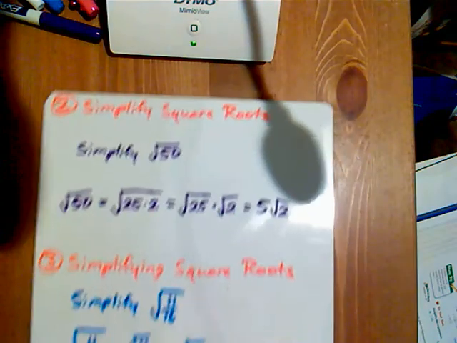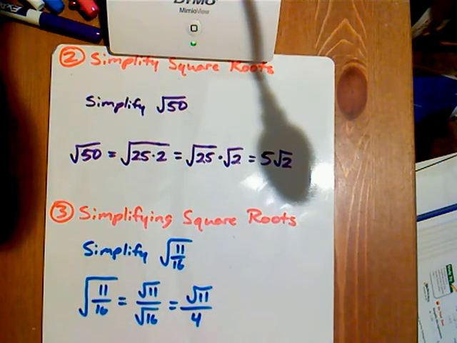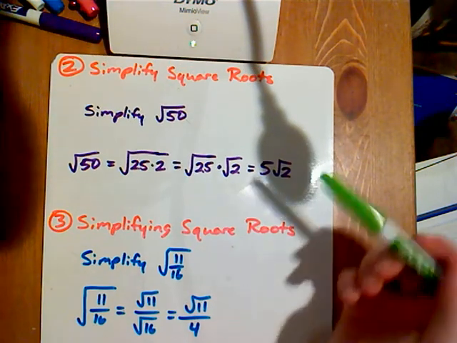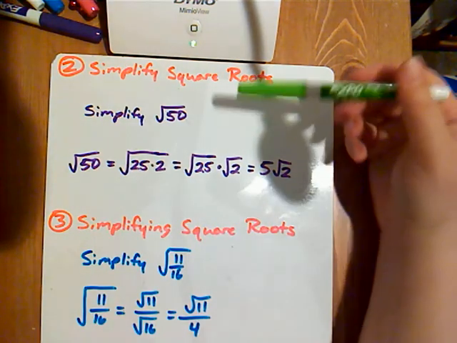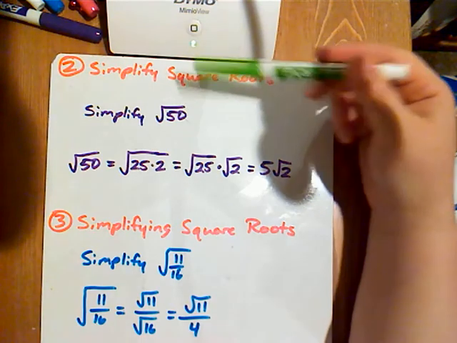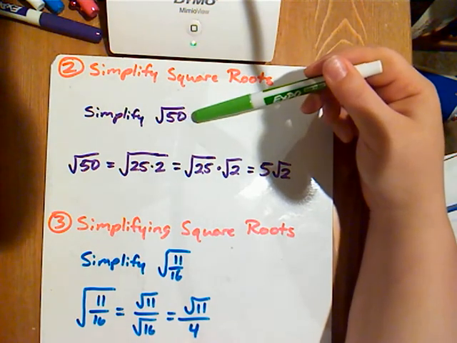Our next two examples are going to use the product property and the quotient property of square roots, because we're multiplying and dividing. With example 2, they want us to simplify the square root of 50.